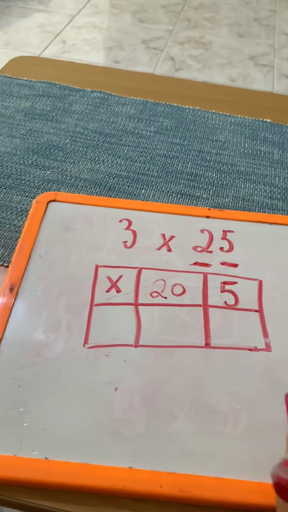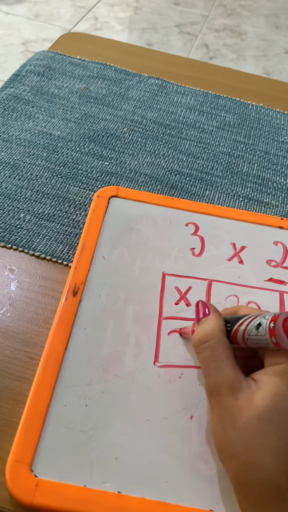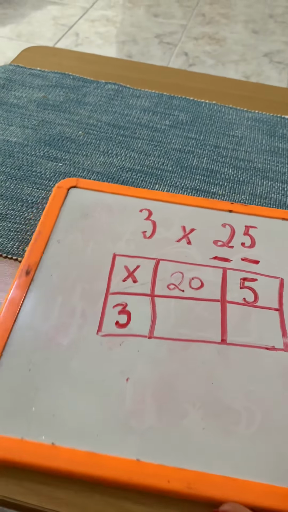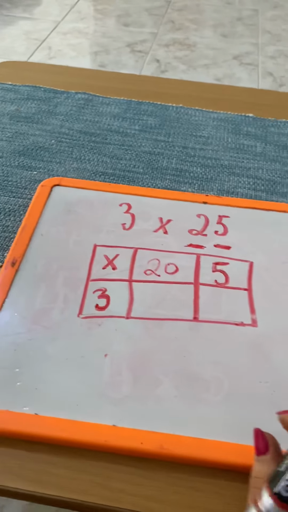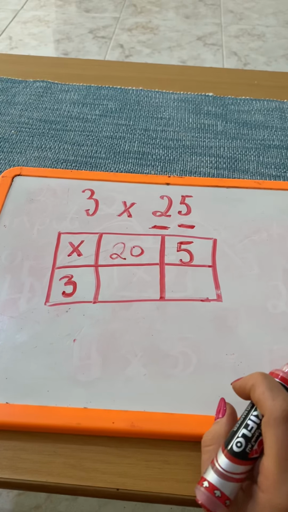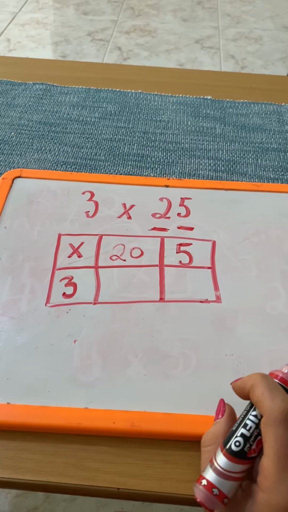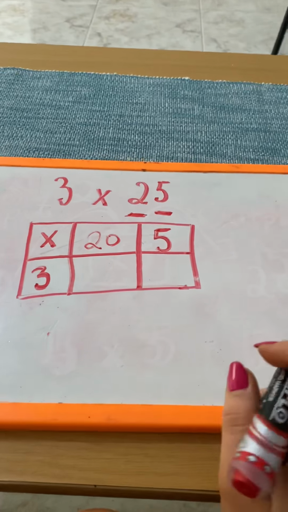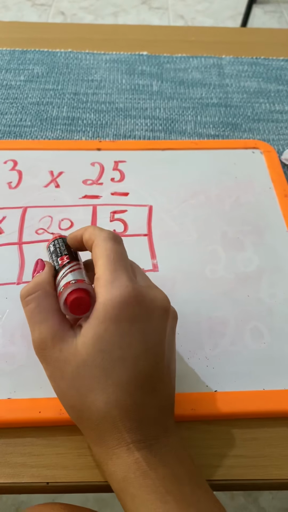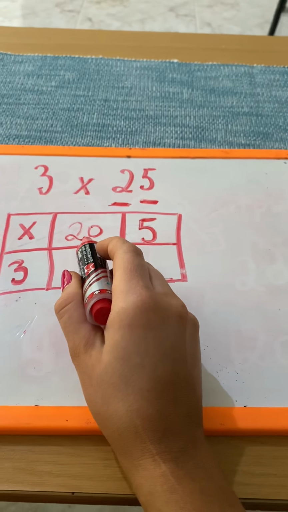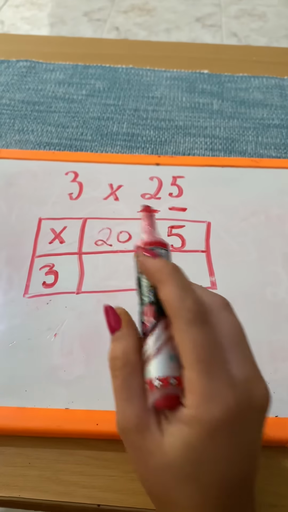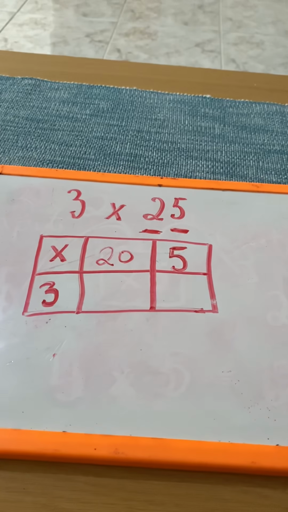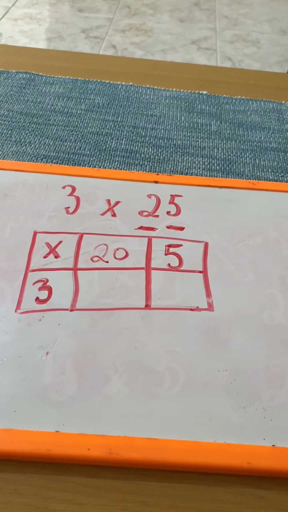We want to multiply our 25 by our number 3. So we put our 3 down here under the multiplication sign. Now, if we try and multiply 20 by 3, that could be a little bit tricky because it's still quite a big number.